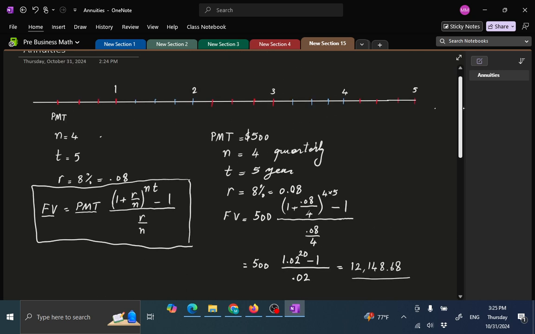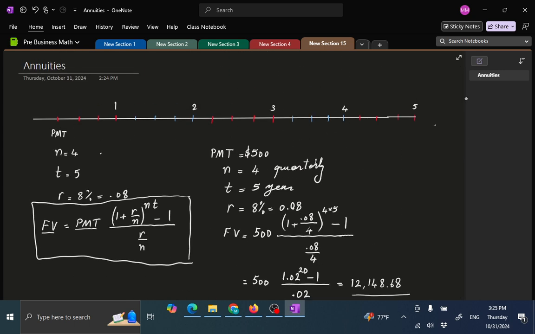If you go back to this situation here, the payment that we pay here is going to go through a certain number of compoundings. There are 20 periods total here, but it starts compounding here, 1, 2, 3, and this is going to be case 19 here. You've lost 1 from the beginning, so it becomes x to the power of 19.